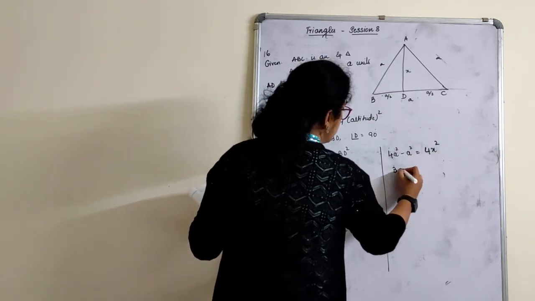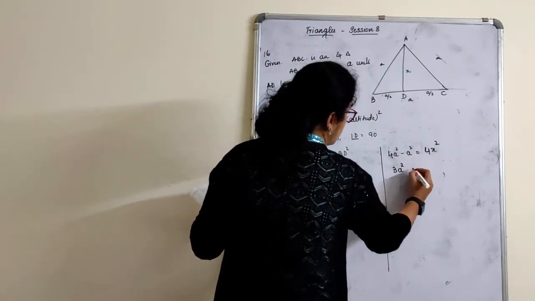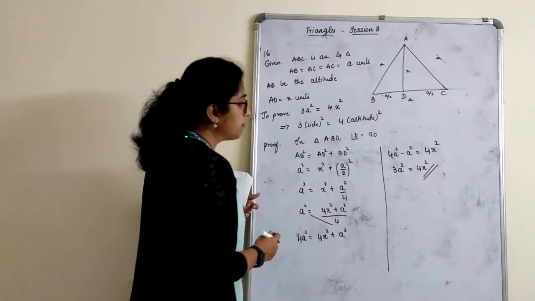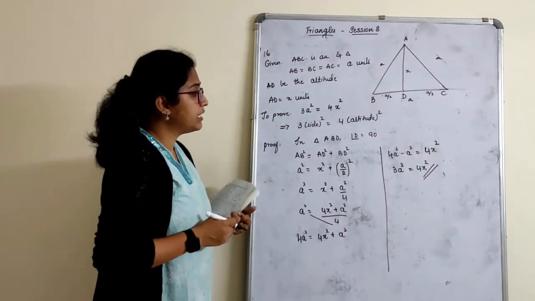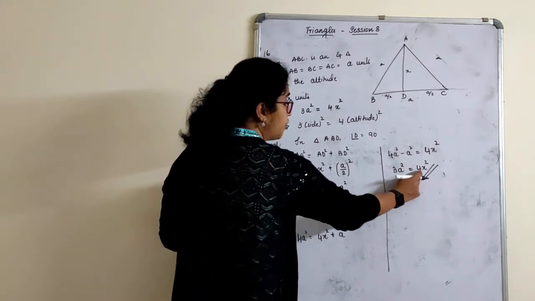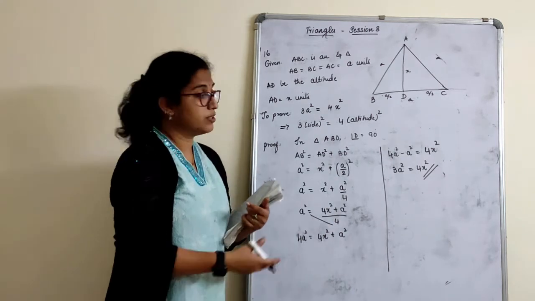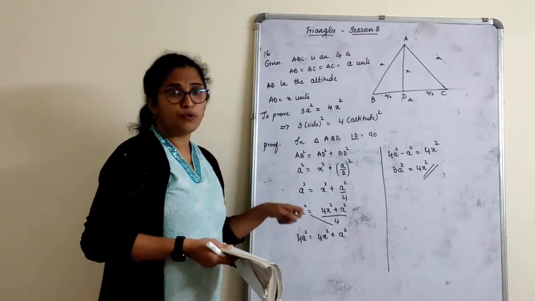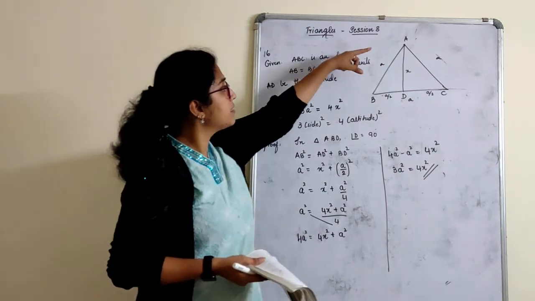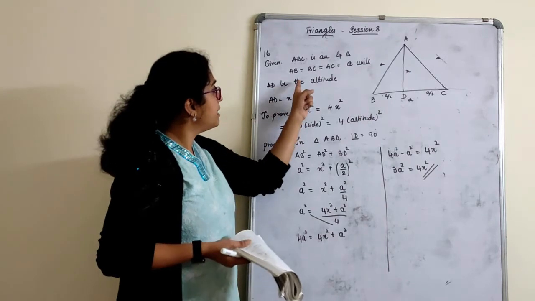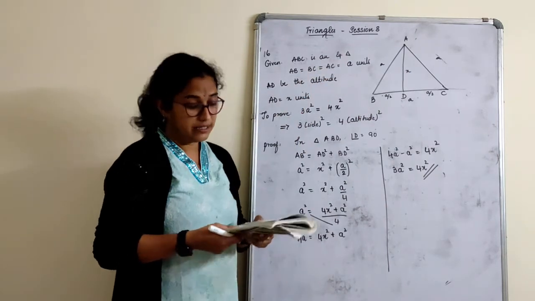So 4 minus 1 is 3a square is equal to 4x square. That is nothing but 3 times the square of the side of an equilateral triangle is equal to 4 times the square of its altitude. That is what we proved here. I took that in terms of a and x. If you don't want to take that in terms of a and x, you can take that in terms of AB, AD and AC, anything. But we need to mention what we have taken here.